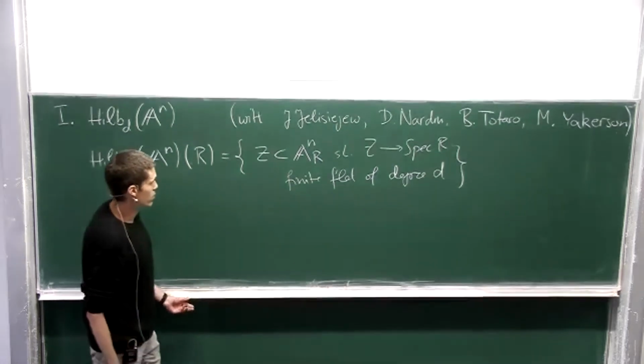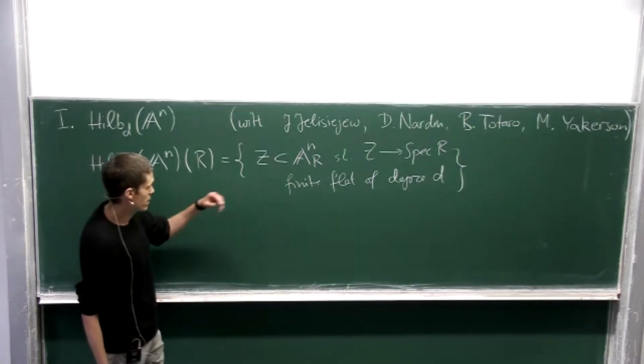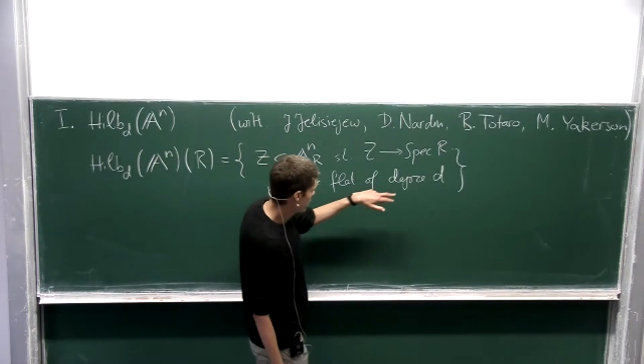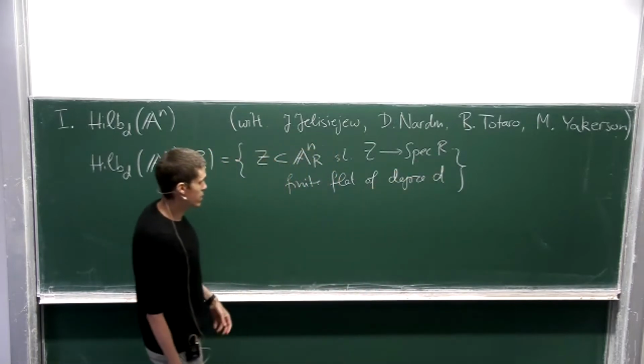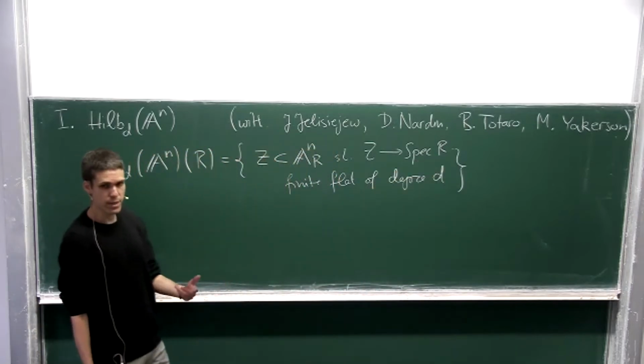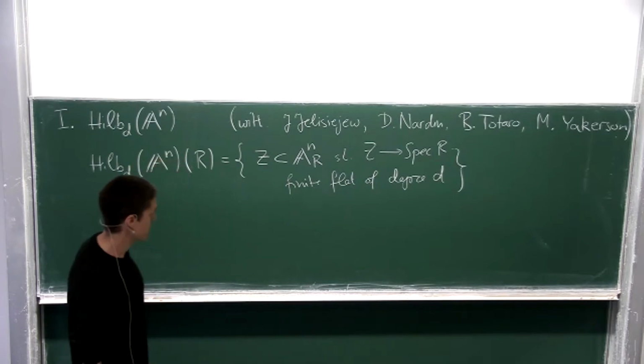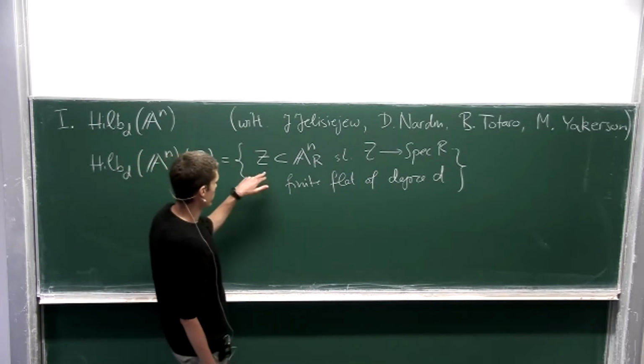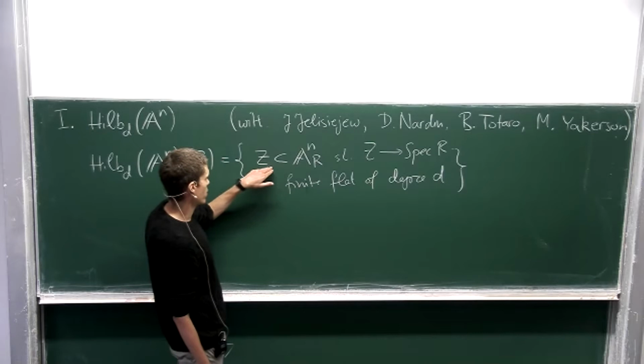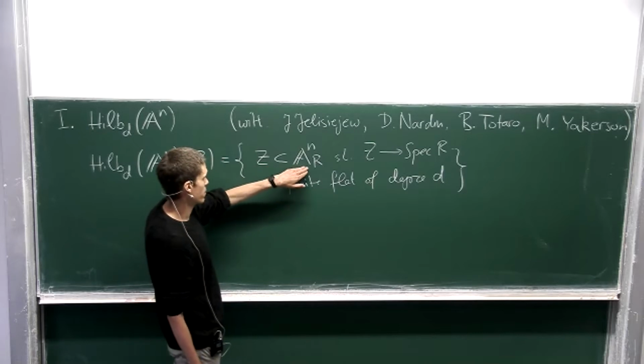Or if you prefer to remain in the world of commutative algebra, this is a commutative R-algebra whose underlying R-module is finitely generated projective of rank d, together with a surjection from a polynomial ring in n variables.